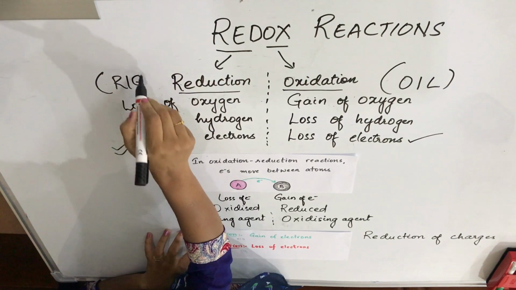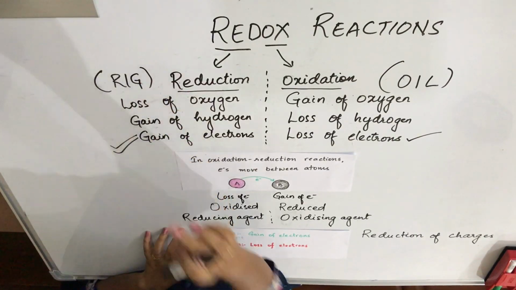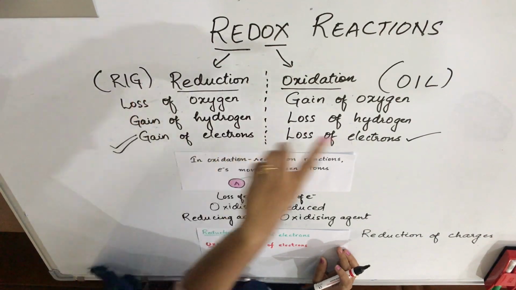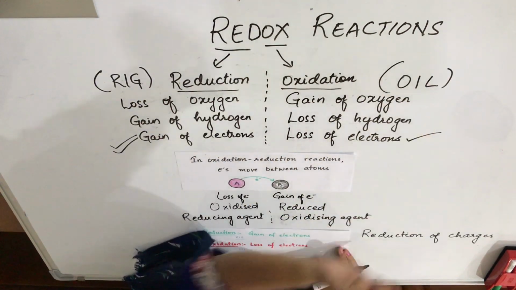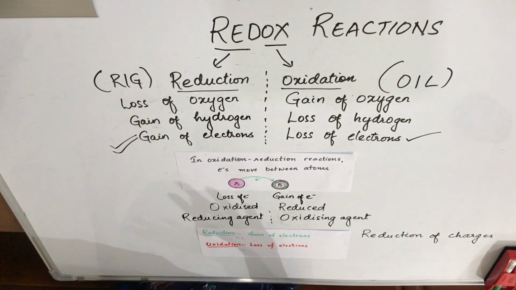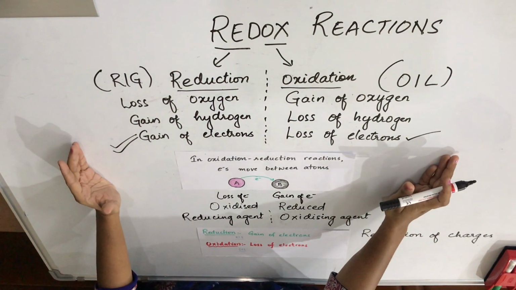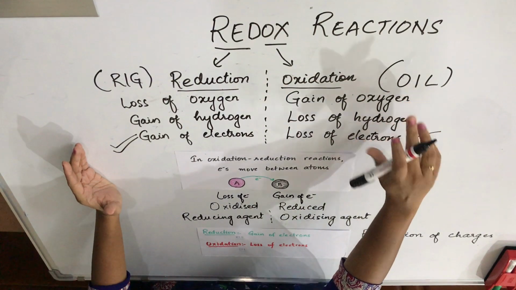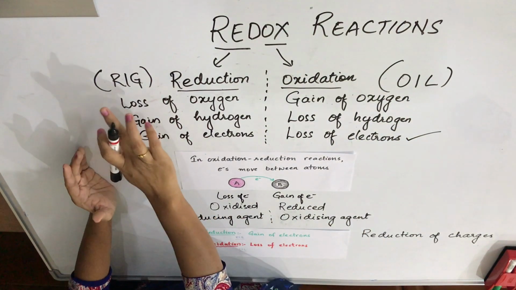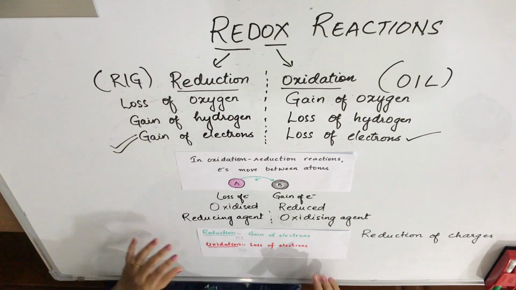If you know the oil rigs where they take out oil, so reduction is gain, oxidation is loss. So this is OIL RIG. So just remember the third definition, that is oxidation is loss of electrons, reduction is gain of electrons.